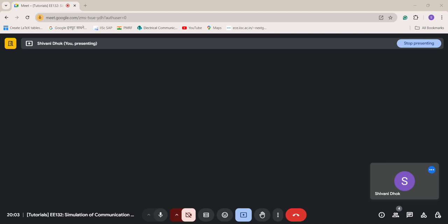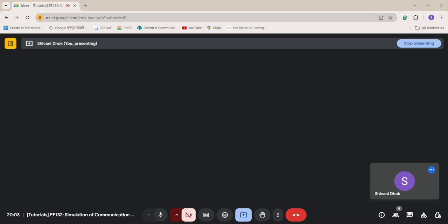But in order to keep the variance as N0, I need to multiply it by square root of N0 by 2. Then I'll have y equal to sm plus noise. This is the received signal. Then I have d_all, that is the minimum distance. So decoding and every remaining step remains exactly the same, nothing changes.